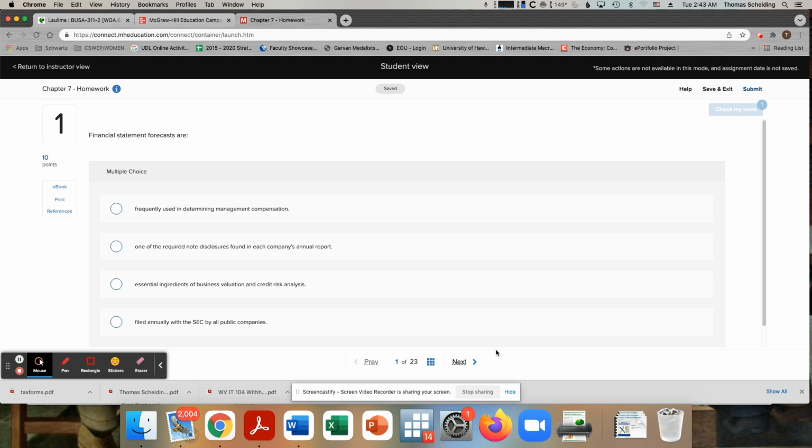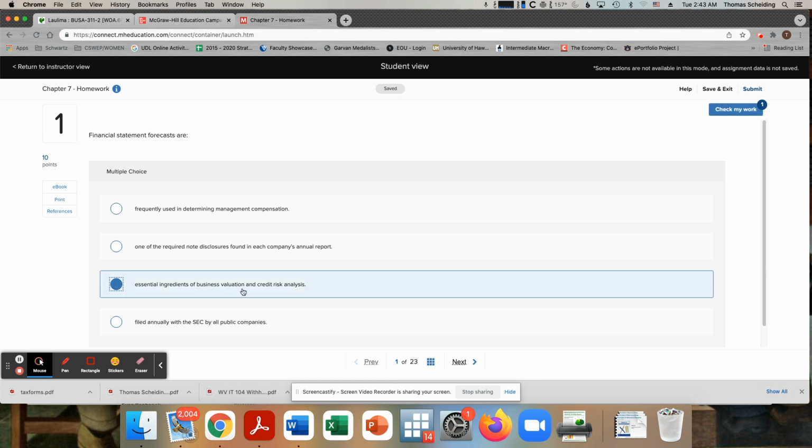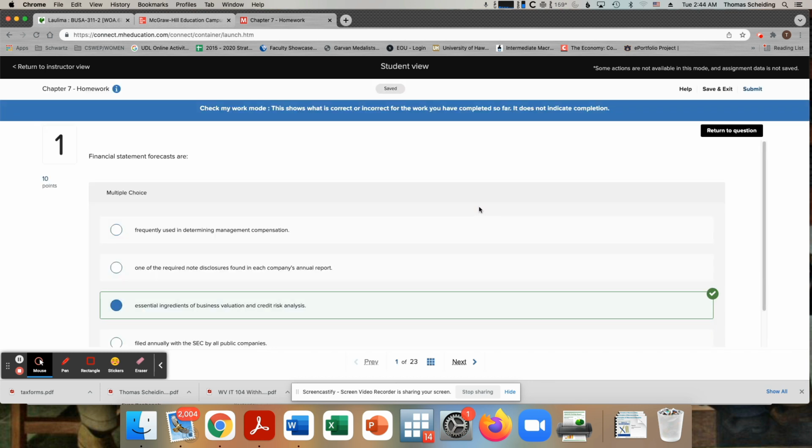It can be used for other things, but truly the best answer here would be that it is the essential ingredient of valuation and credit analysis. So hopefully I'm right. I am.